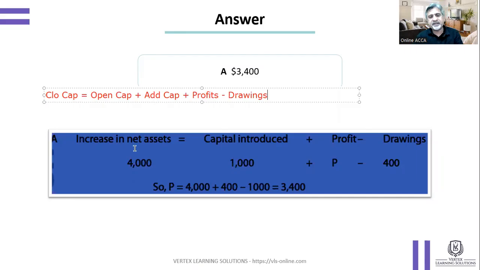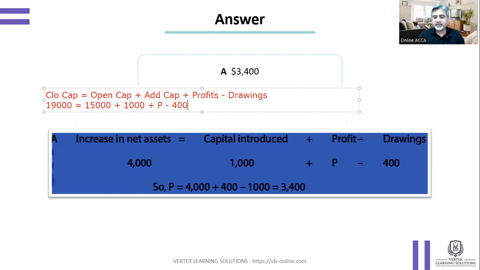So 19 minus 15, you get 4,000. So I can say that closing capital is 19,000, opening capital is 15,000, additional capital is 1,000, profit I do not know, I put it as P, drawings are 400. Okay. And then I say 19,000 minus 15,000 is equal to... I'll go step by step, so that you don't get confused.